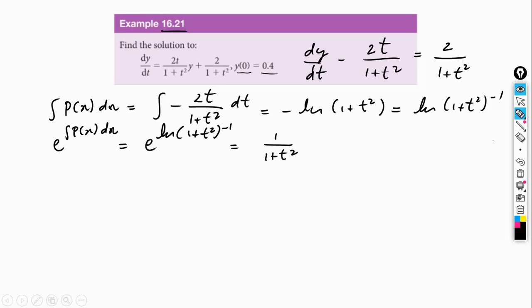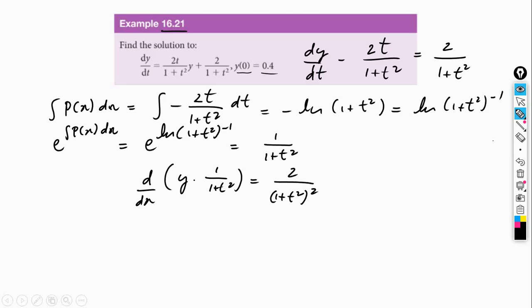So we would multiply both sides by the integrating factor, and then we know that on the left-hand side, we're going to be left with the derivative of y times the integrating factor. And on the right-hand side, from this expression, we would get 2 over 1 plus t squared squared.